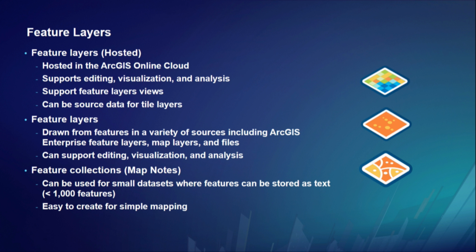The web map itself is really just a JSON file on the back end, so when we use map notes, we're really just adding more text to that JSON file. It's not powered by any sort of database on the back end or by a GIS service. This is useful for small data sets, maybe under 1,000 features, that don't need the full power of a server behind them because they're very lightweight. And they're very easy to create when you're doing simple mapping, right?